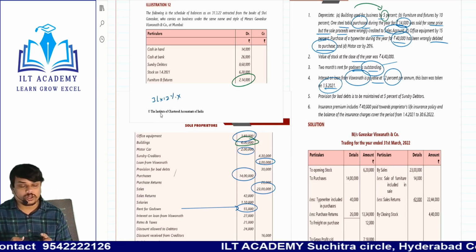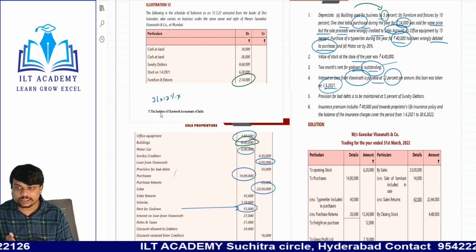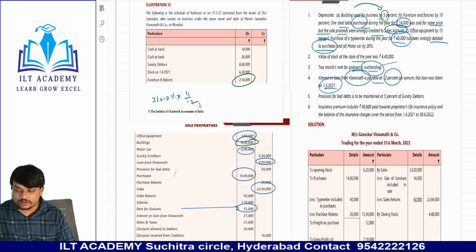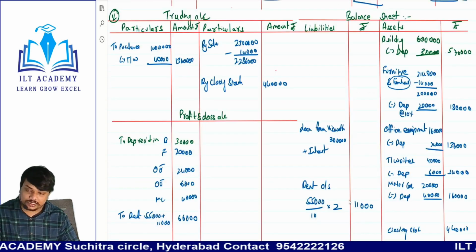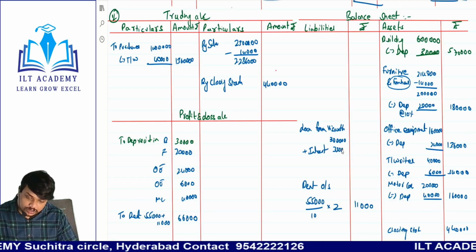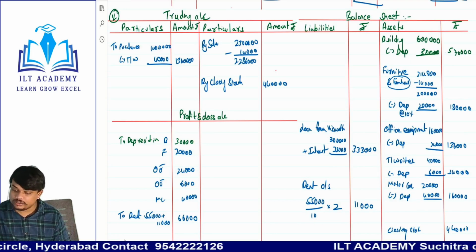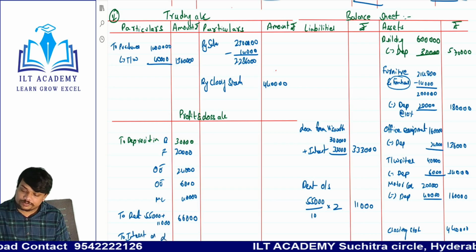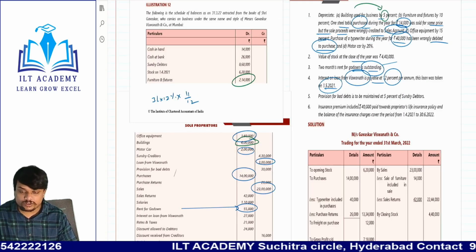So May, June, July, August, September, October, November, December, January, February, March, that is 11 months. So 11 divided by 12 gives 33,000 as interest on loan.